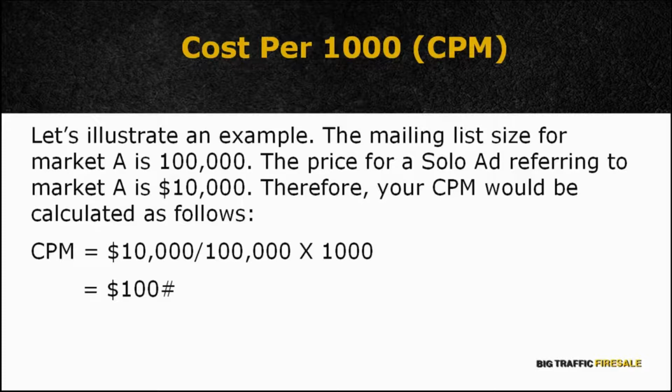The price for a solo ad referring to Market A is $10,000. Therefore, your CPM would be calculated as follows: CPM equals $10,000 divided by 100,000 times 1,000, which equals $100. This means it'll cost you $100 to reach 1,000 audience in Market A.